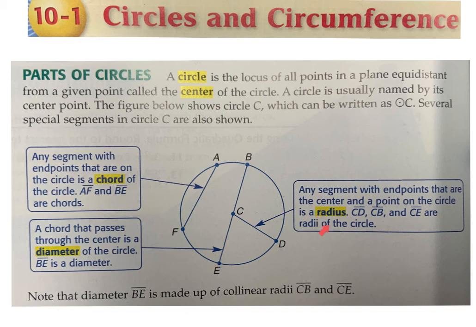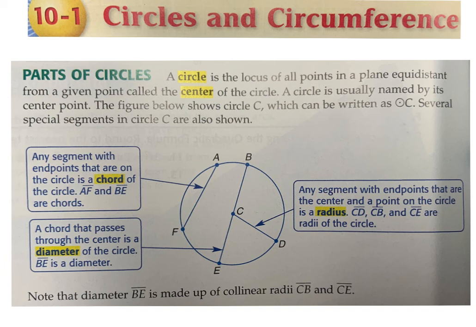The radius, you are familiar with this term as well, goes from the center to any point on the circle itself. So any segment with endpoints that are the center and a point on the circle is called the radius. All radii are the same length because all points on the circle are the same distance from the center. So you can have as many radii as you want. In this case, we have CD as a radius, CB as a radius, CE as a radius.